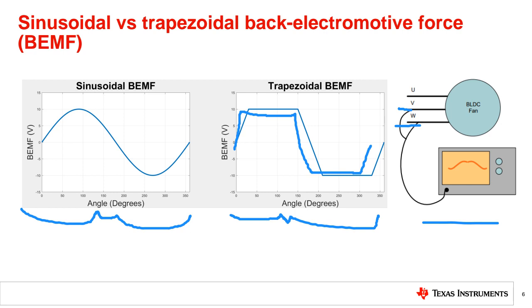Back EMF shape is important because it will determine the motor control technique that is the most efficient to use. Every motor has its own efficient control approach. Induction motor has another one, BLDC has another one, PMSM has another one, DC another one, stepper, reluctance.